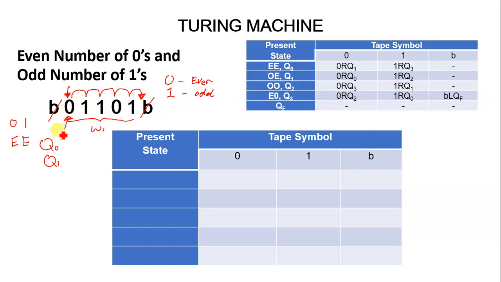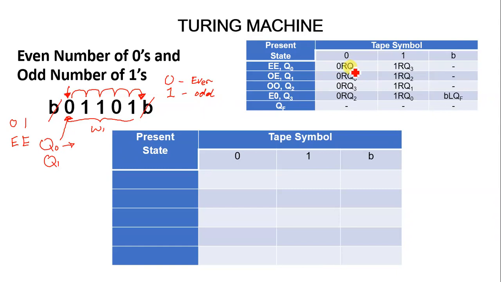This will affect the number of 0s here. So at Q0, once the tape head reads 0, this will move to another state, Q1. At Q1, we read the symbol 0 on the tape, so we do not change it to another symbol, and then we move right, and then we go to Q1.